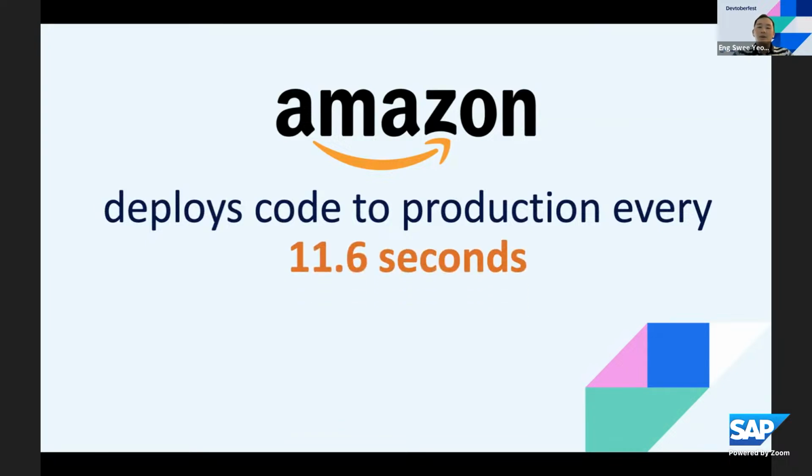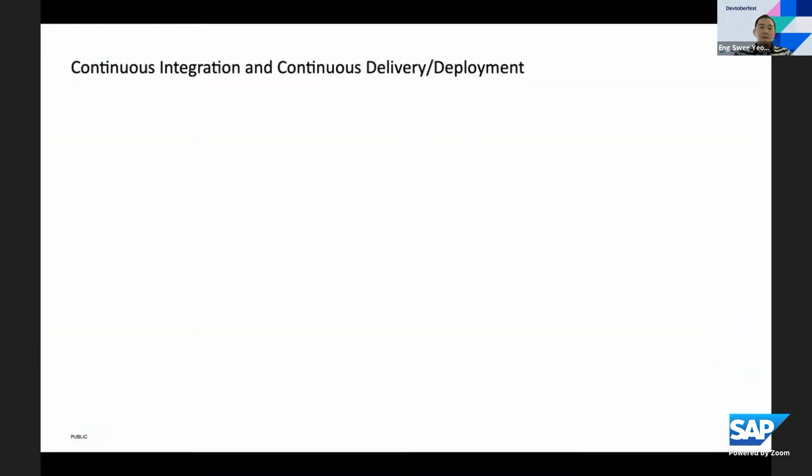That's how frequent changes on Amazon systems go into production. And this is actually from a video by John Jenkins, an Amazon employee, back in 2011. Imagine, 13 years ago, Amazon was already achieving this type of automation where they could deploy code at mass and at a very frequent pace.